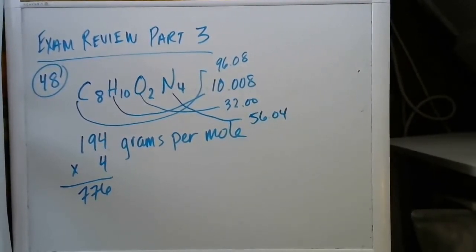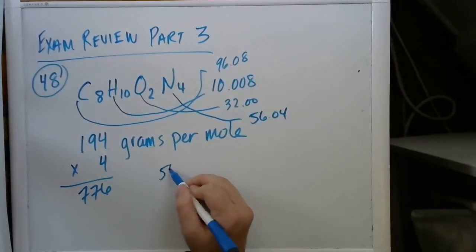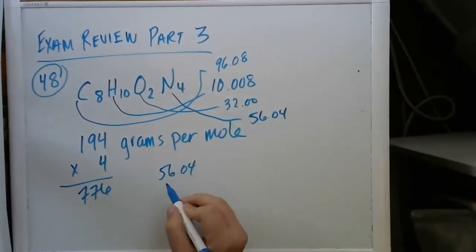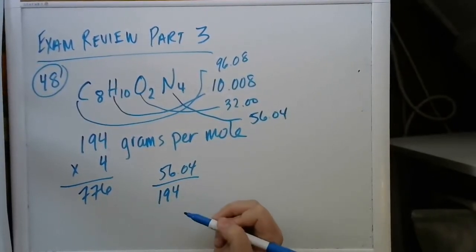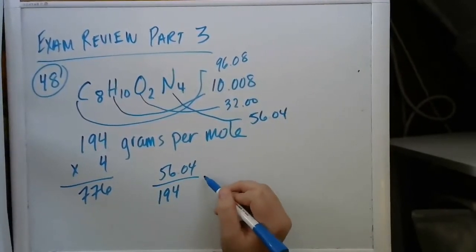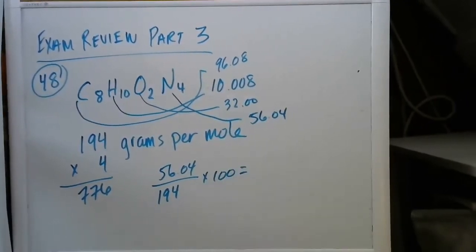Okay, now we're really only concerned about the nitrogen mass here, but I just kind of wanted to remind you guys of how we solve these things out. So to figure out what the percent nitrogen is, we're going to take the mass of nitrogen, which is 56.04, divide it by the total mass, which is 194 grams per mole, and then multiply it by 100.